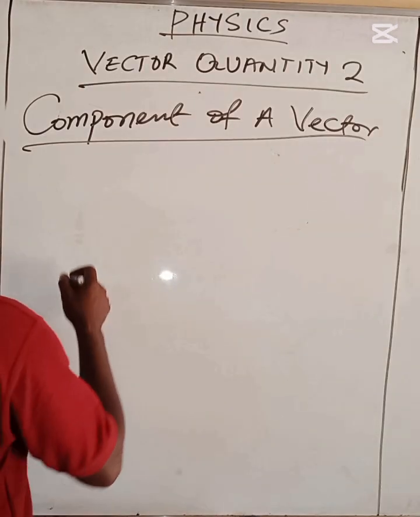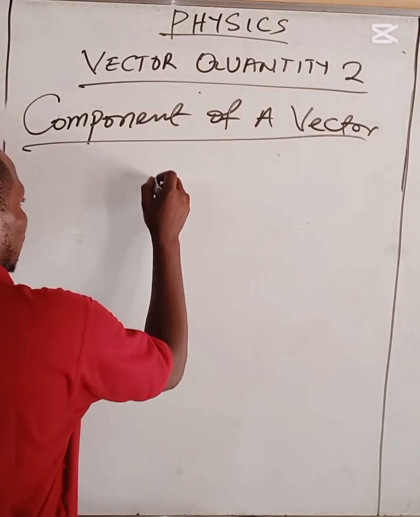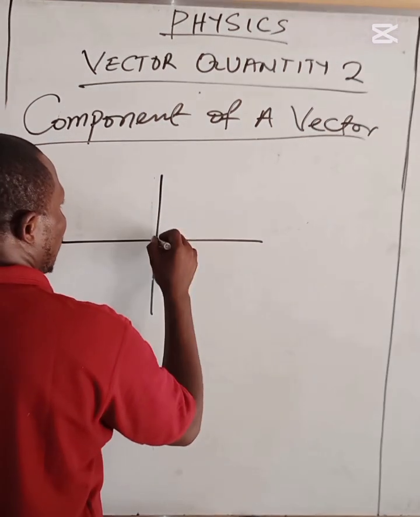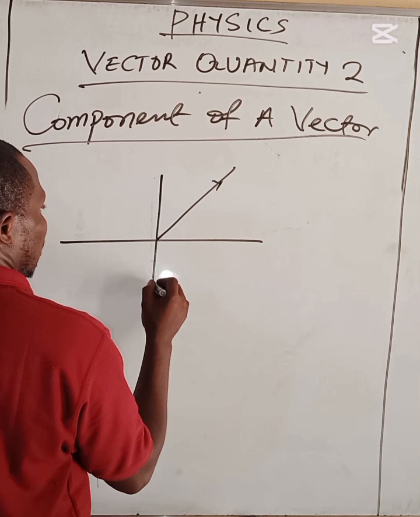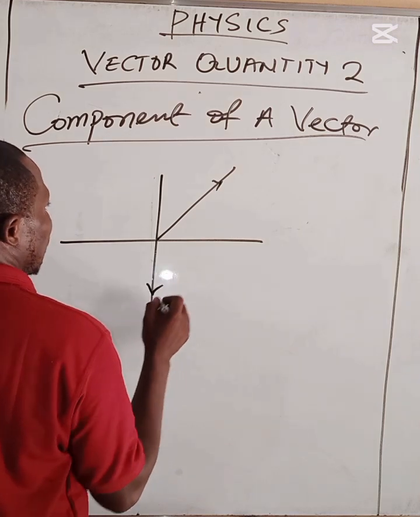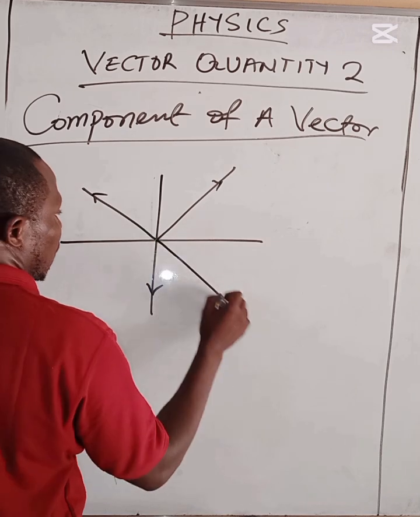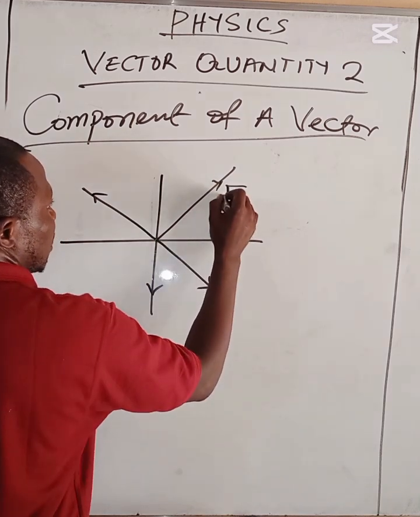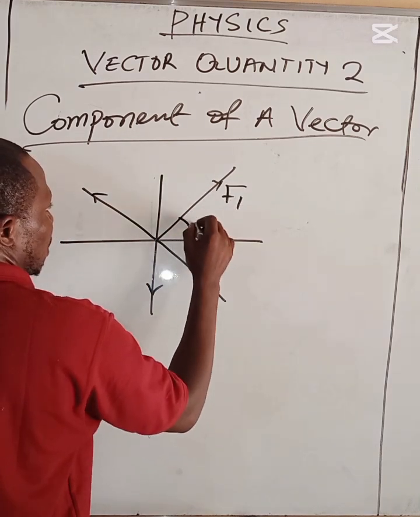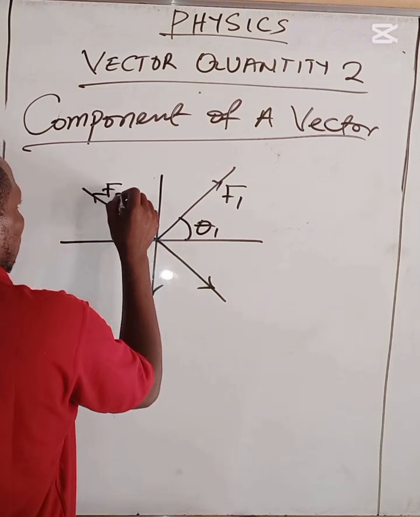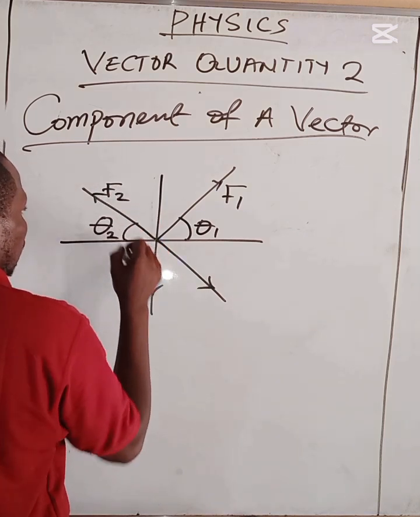Okay, now, for example, let's say we have a force acting here, a force here, a force here, and a force here. We can call this F1. The angle with the horizontal is theta 1. Call this F2, the angle with the horizontal is theta 2.